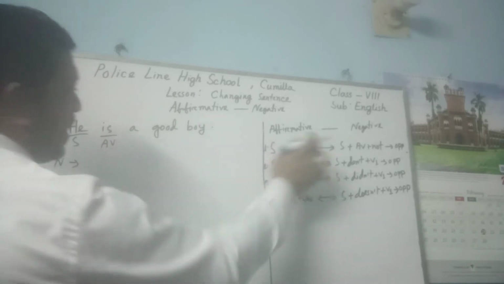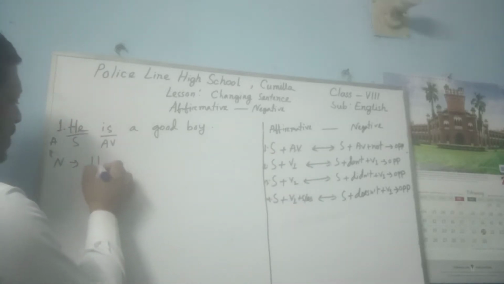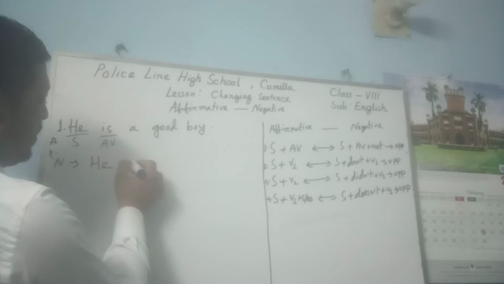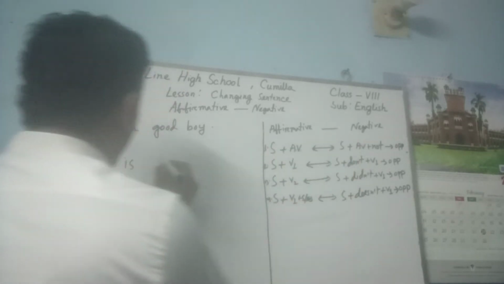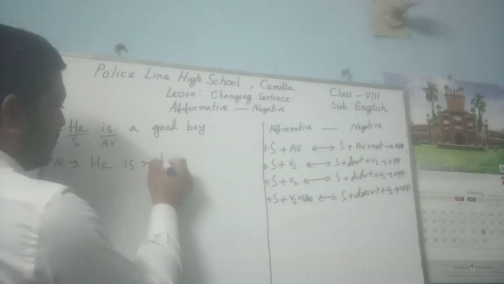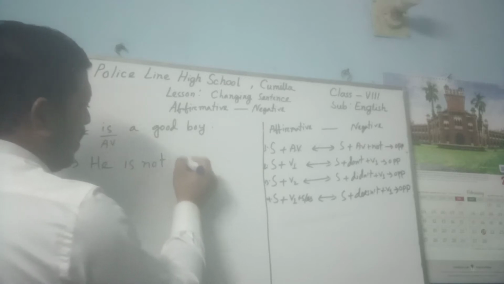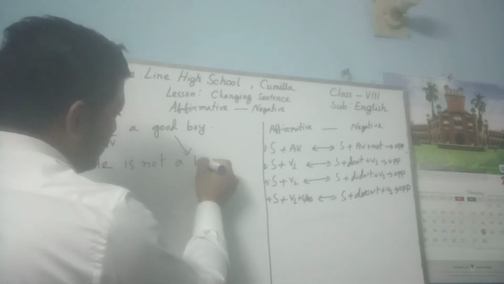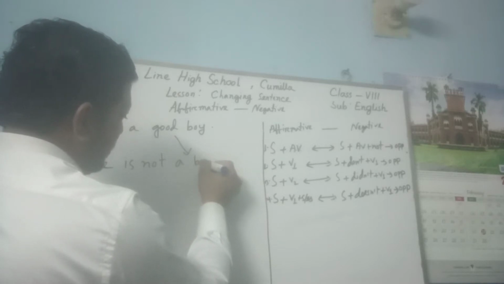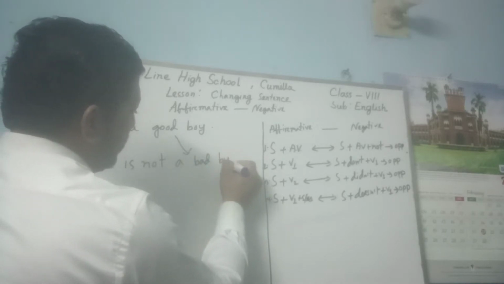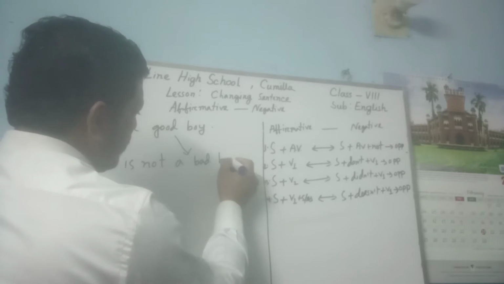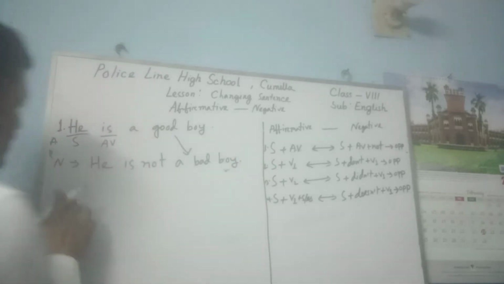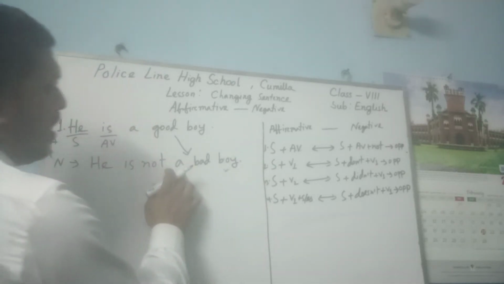At first I have to write subject. Subject is he, then auxiliary verb is plus not, then opposite word bad, boy. Now the negative sentence is he is not a bad boy.